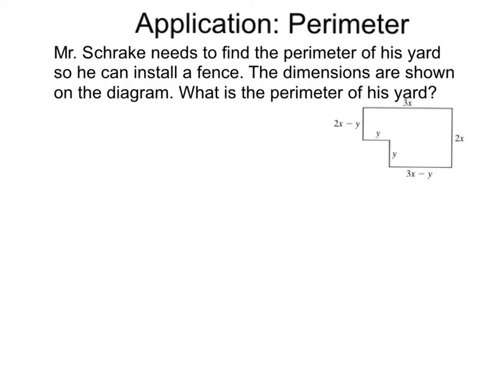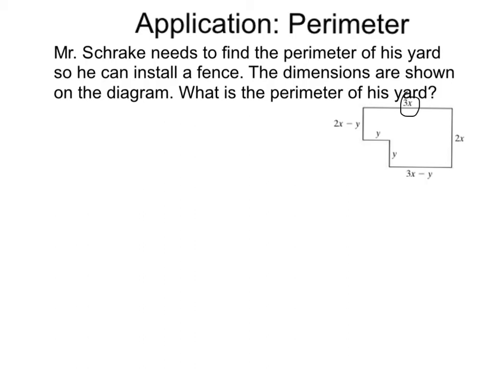Now let's try this with a word problem. Mr. Schrake needs to find the perimeter of his yard so he can install a fence. The dimensions are shown on the diagram. What is the perimeter of his yard? So if we look at the image, we can collect all of the dimensions for the perimeter.